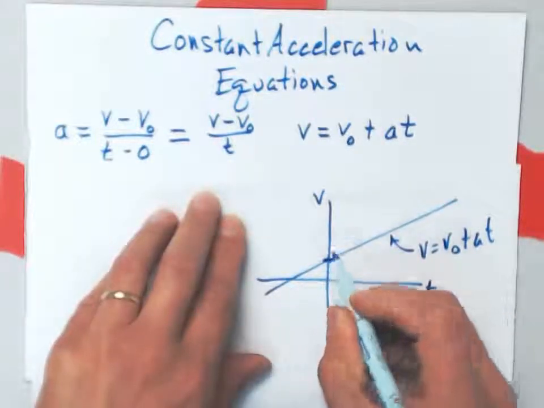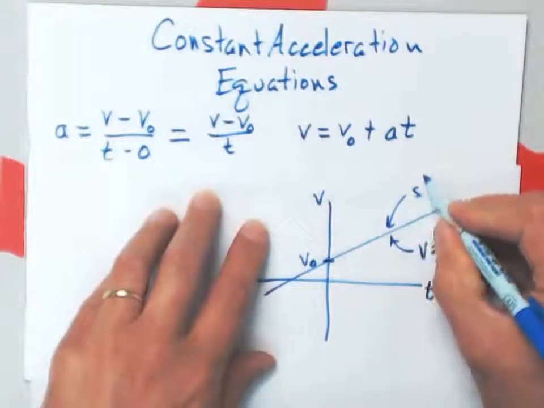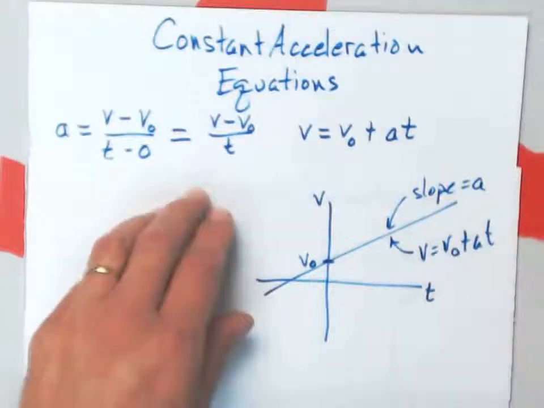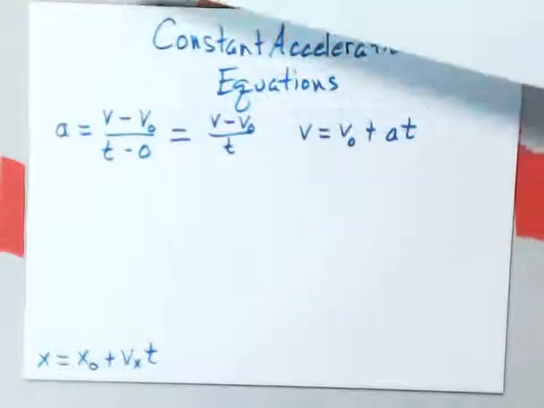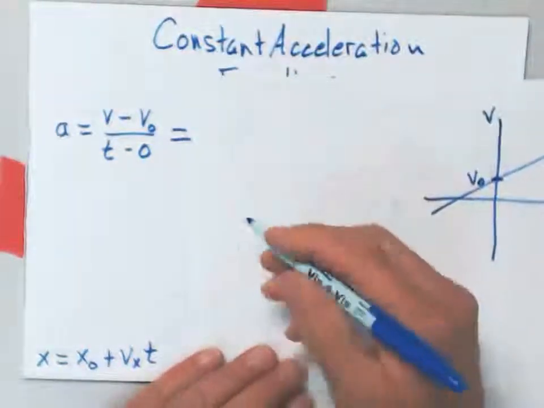The vertical intercept here would be v naught. The slope equals a, the acceleration.